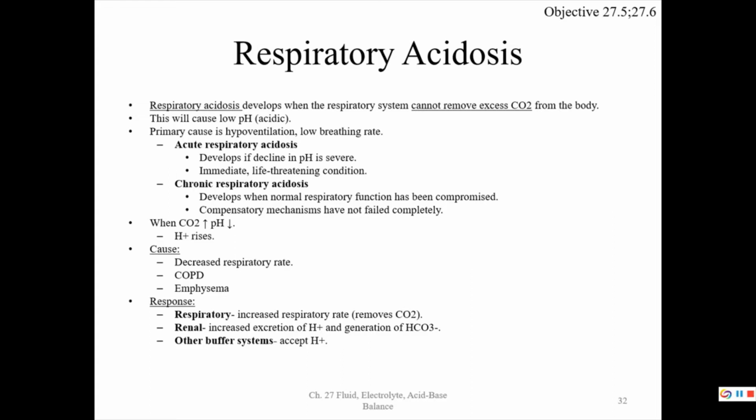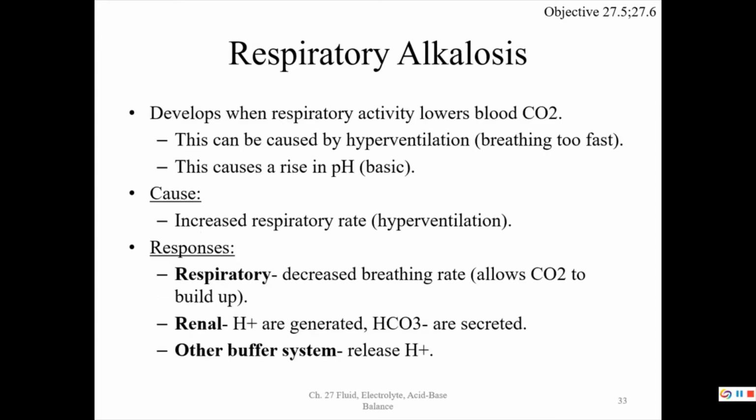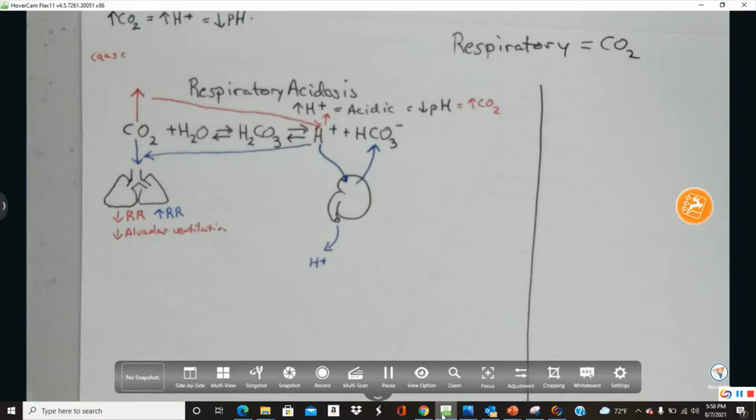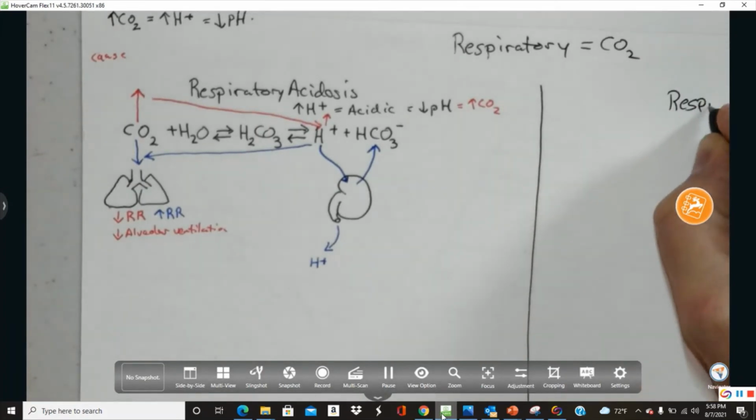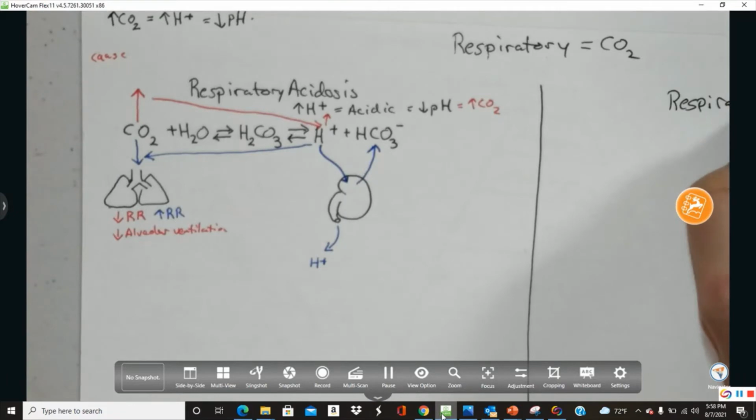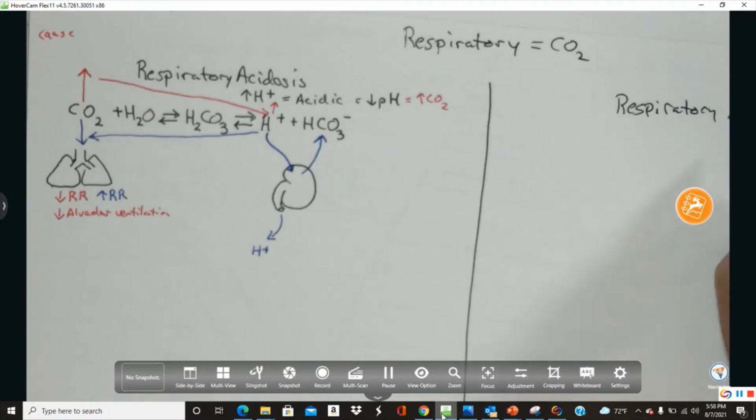Now, if we got respiratory alkalosis, let's talk. Respiratory acidosis. Let's talk respiratory alkalosis. Now, what we have to think about here is what an alkalosis means.